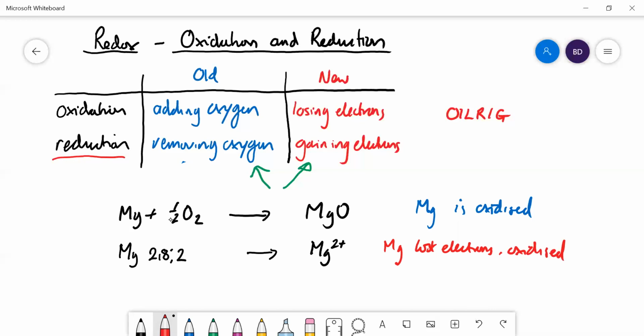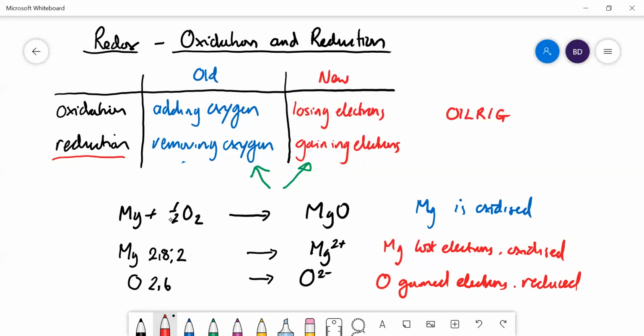And we can expand on that. Let's see what's happened to the oxygen. The oxygen is 2,6, isn't it? I know it's in an oxygen molecule, but what's going to happen to that? It's going to gain electrons to form the oxide ion. So the oxygen has gained electrons, and so that's been reduced.